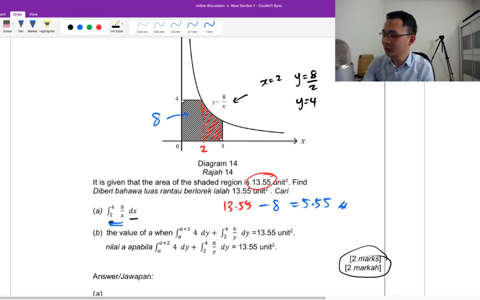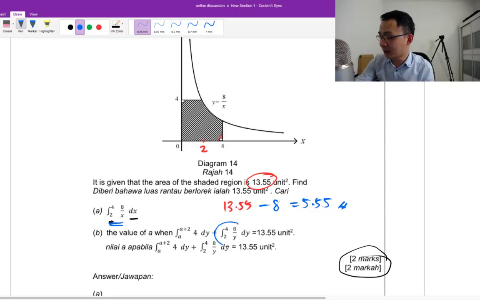Okay, and then the question asks, find the value of a when you integrate from a to a plus 2, we do not know what is a, 4 dy, plus this one, you will get 13.55. So this is y, so I will move around everything here. And then of course I'm trying to understand what it is.